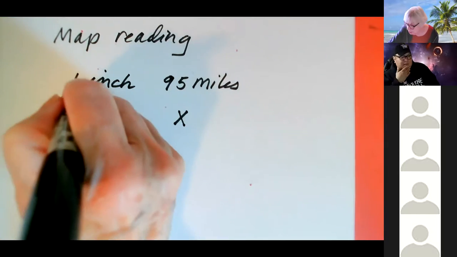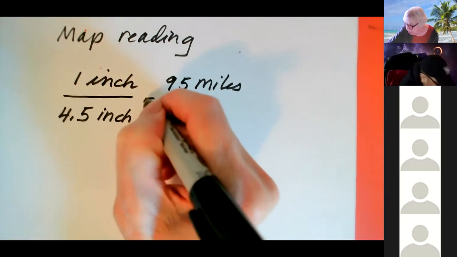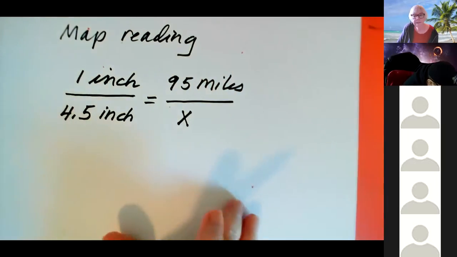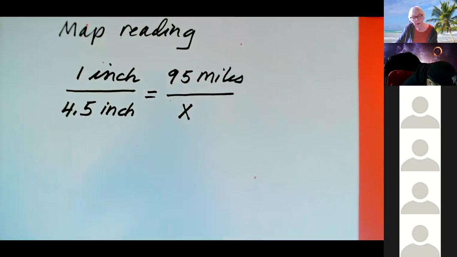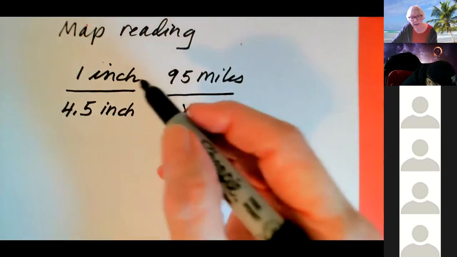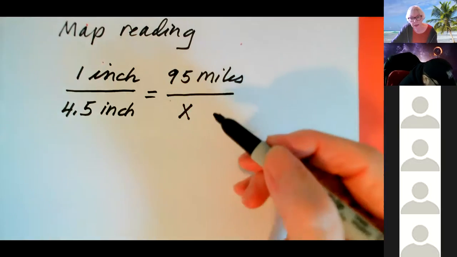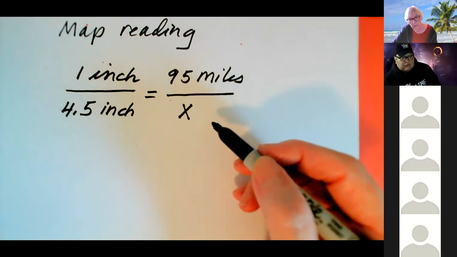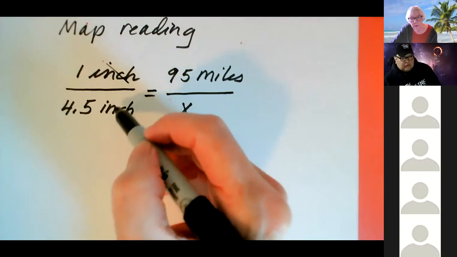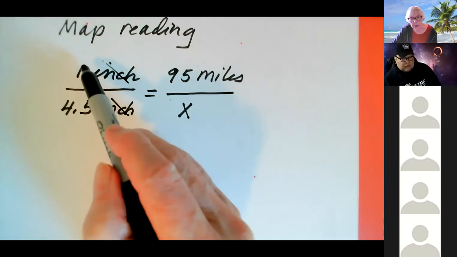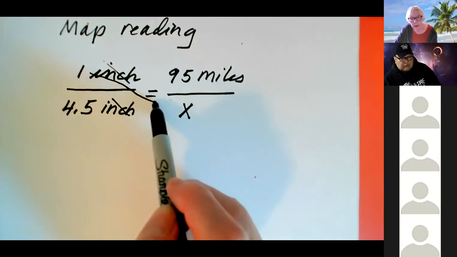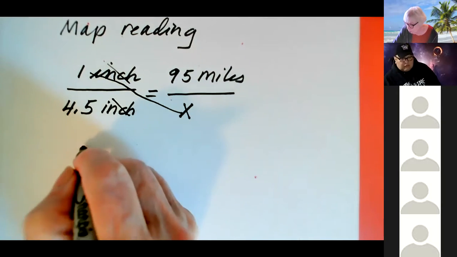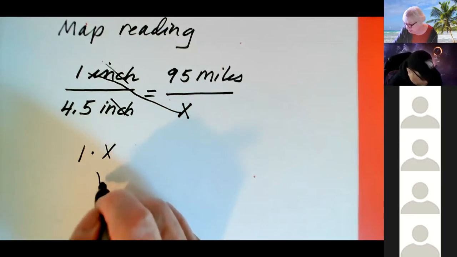So the question is, we could just set this up. This goes with that, this goes with that, this will be in miles. And so we can ignore that. So this is basically 1 times x. 1 times x is basically x.